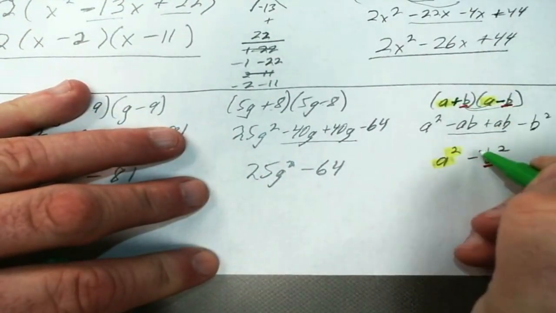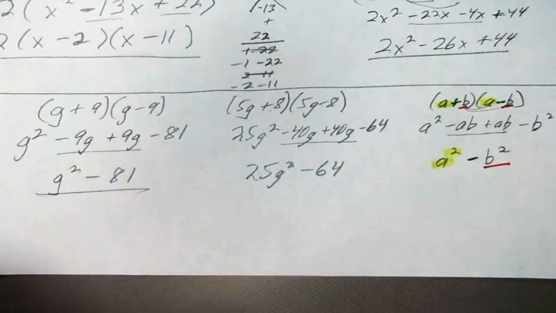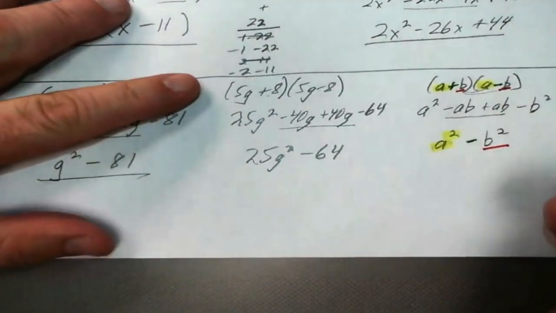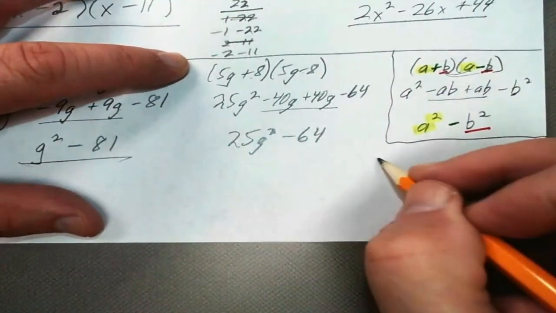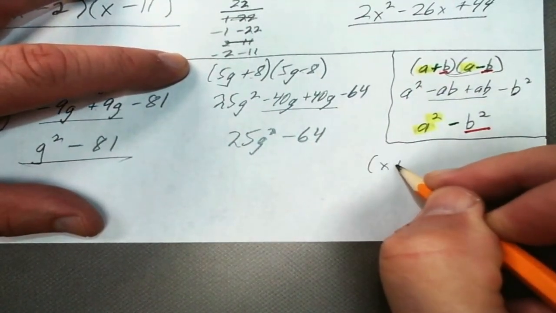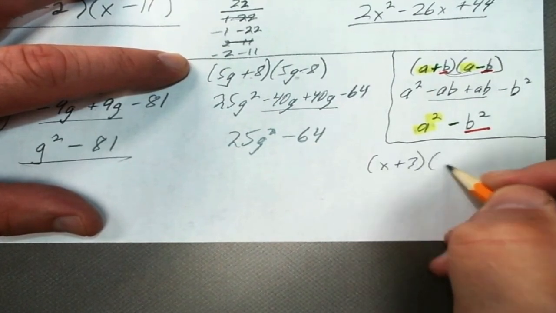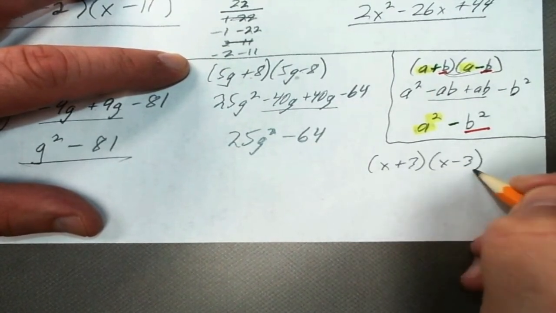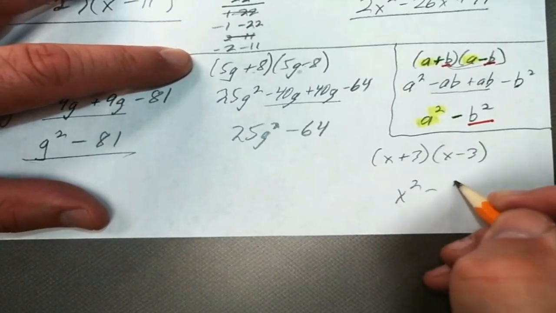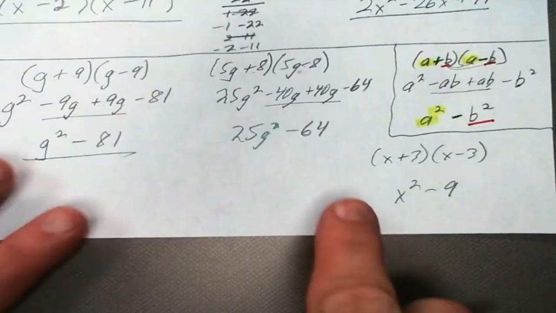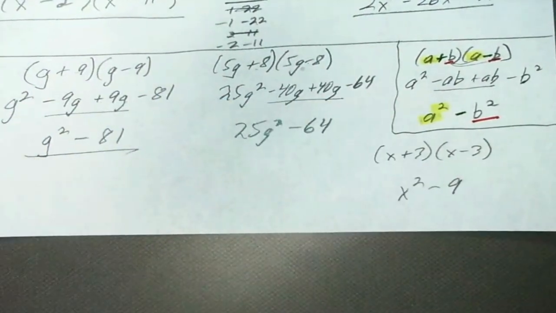Positive, negative, negative. So this is our cheat code right here. If I'm multiplying x plus 3 times x minus 3, I can just write down the answer of x squared minus 9. I don't have to do all this work.